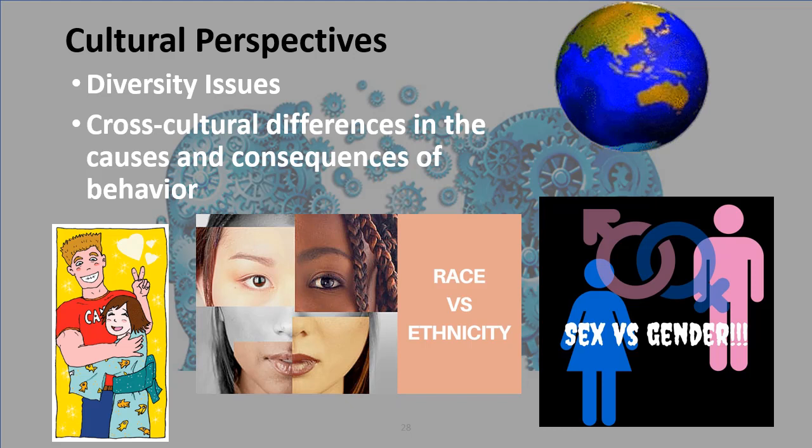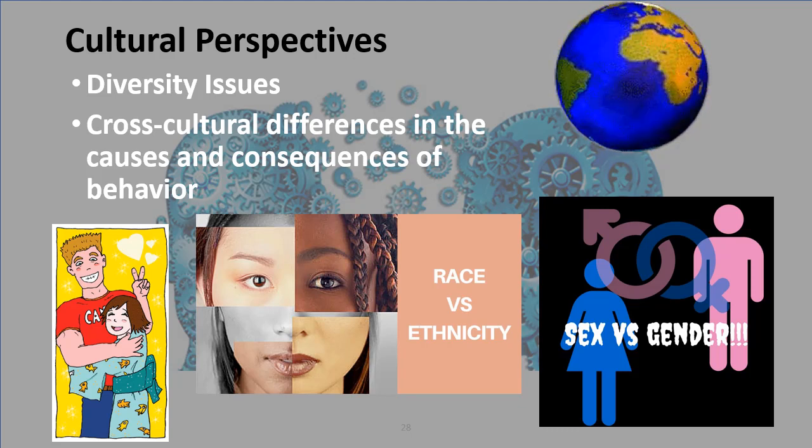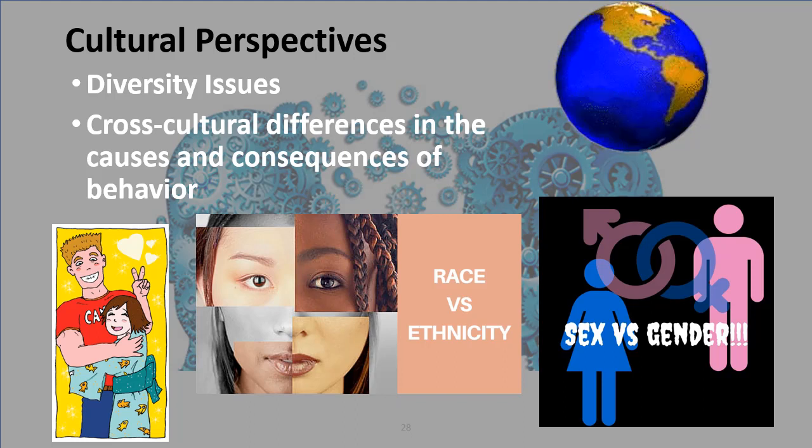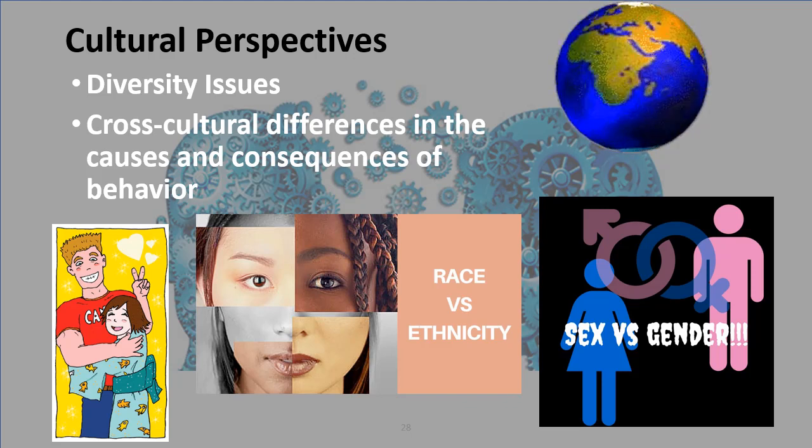The cultural perspective. In developmental psychology in particular, we try to look at the cross-cultural differences and the causes, and how they affect behavior in two different cultures. Part of that is also concepts or constructs like race versus ethnicity.